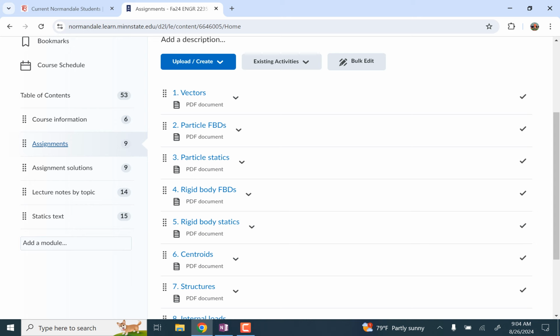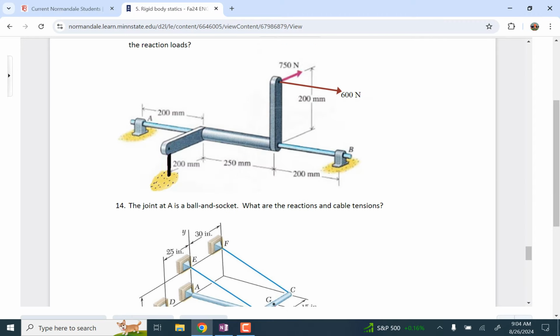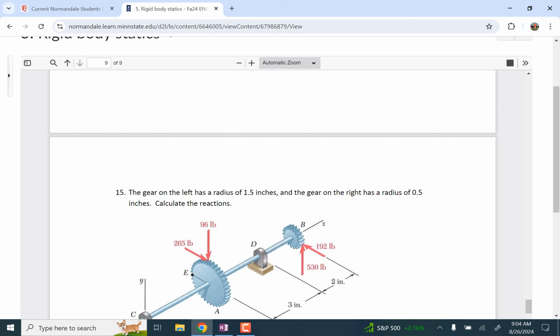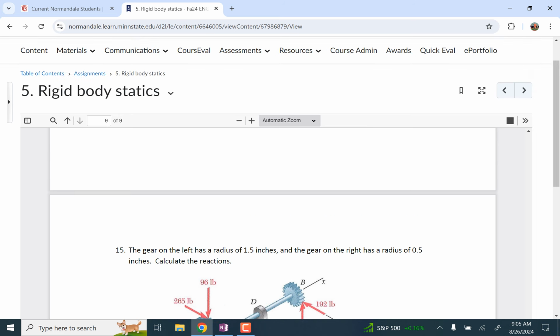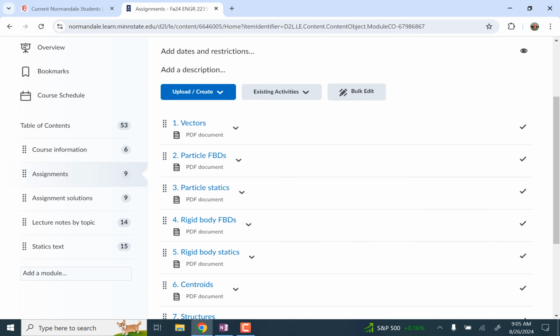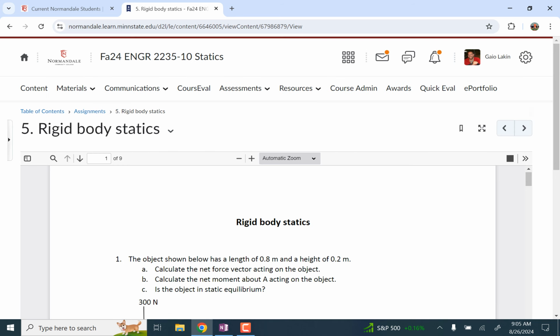I might change some things as the class goes on, but you can go to this and it gives you problems 1 through 15. So when I give you the assignment, I'll say, okay, today's assignment is rigid body statics numbers 4 through 8. And so you would go to these assignments, go to rigid body statics, and then do problems 4 through 8 on this assignment.